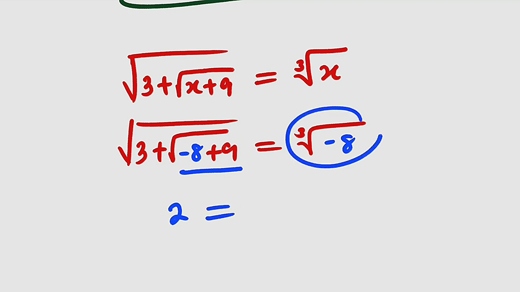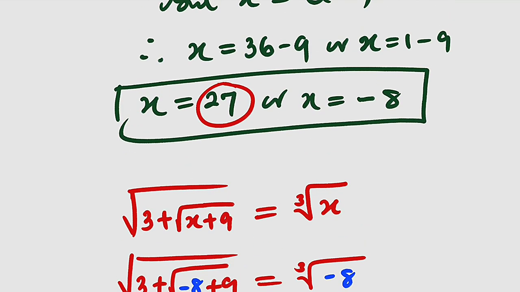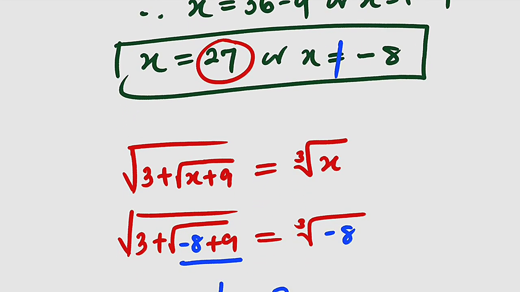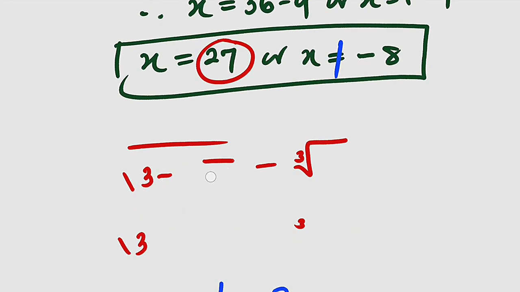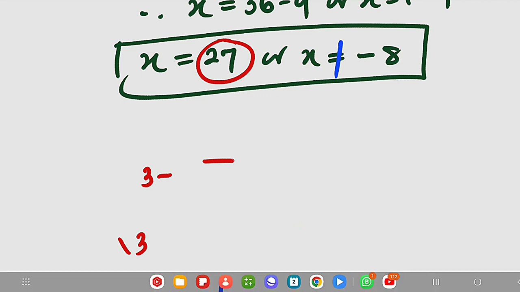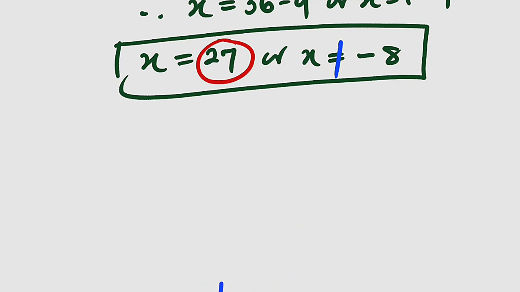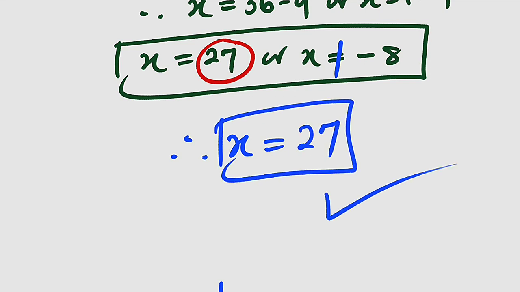This equals the cube root of negative 8, which is negative 2, and they are not the same. And hence, x equal to negative 8 is not a solution. And hence, we have to consider that x equal to 27 is the only valid solution here. Therefore, x equal to 27 is our only solution.